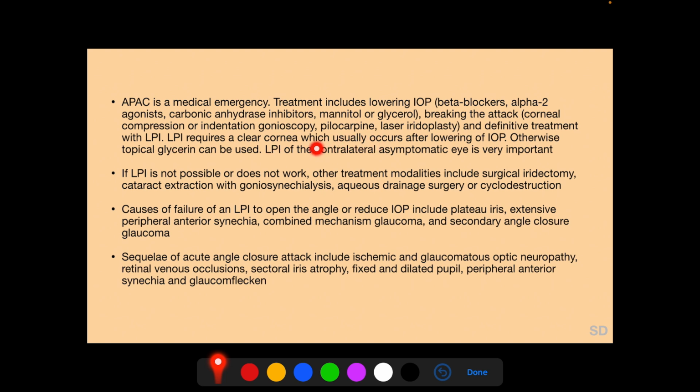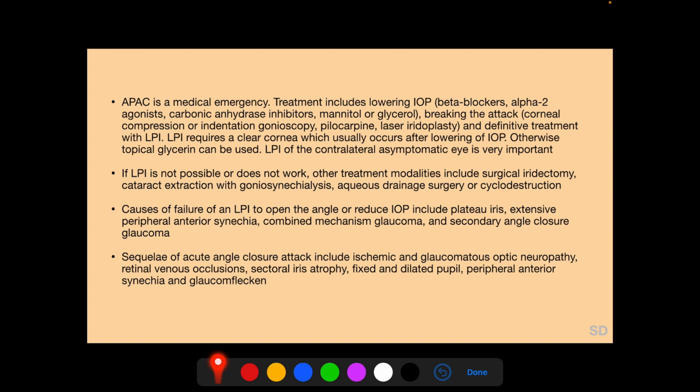LPI of the contralateral asymptomatic eye is very important. If LPI is not possible or does not work, other treatment modalities which can be employed to lower the intraocular pressure include surgical iridectomy, cataract extraction with goniosynechial lysis, aqueous drainage surgery, or cyclodestruction.